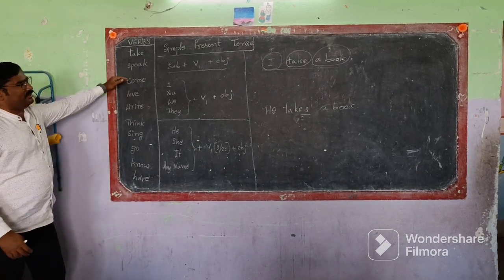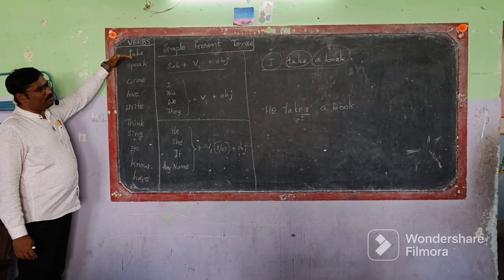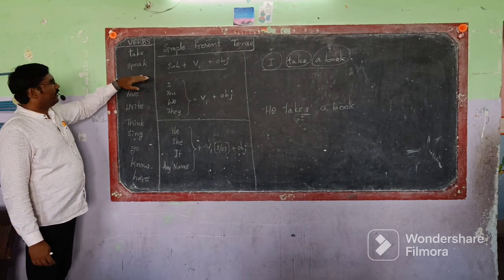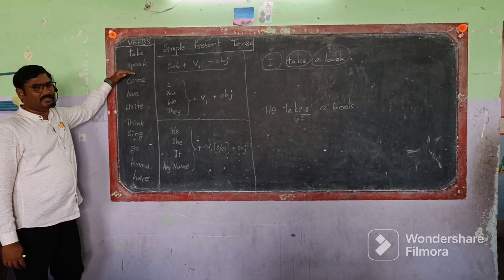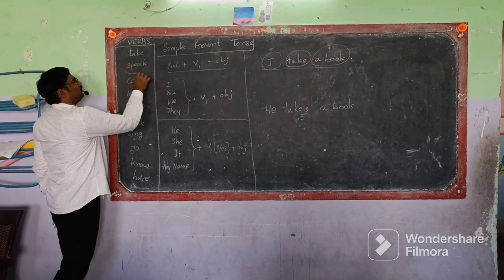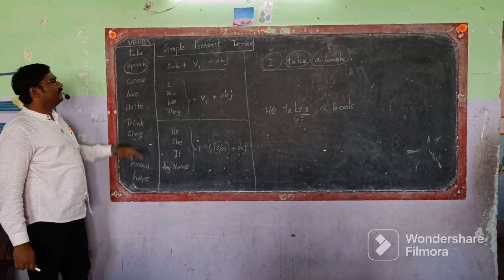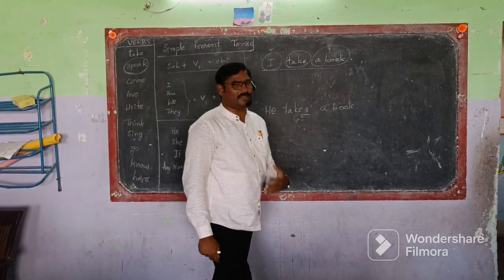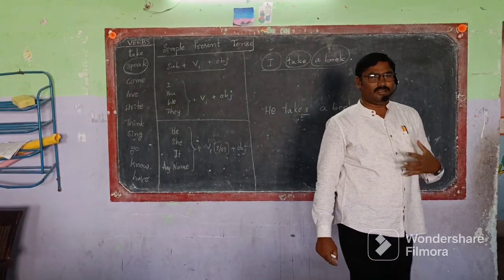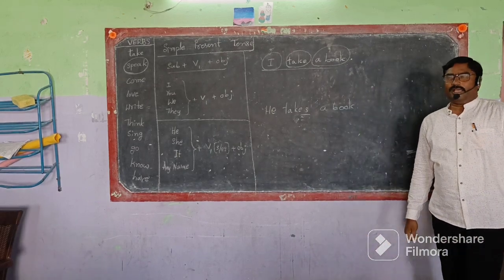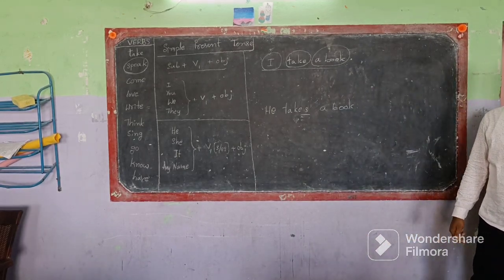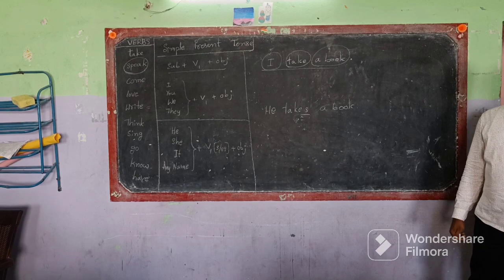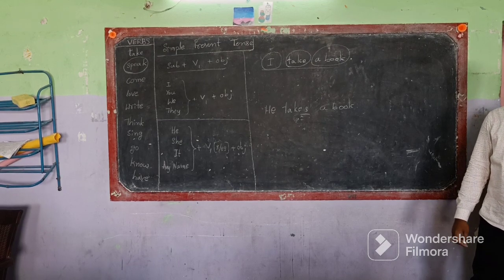Similarly, we can go for other verbs, not only the verb take. Next, the verb speak. I speak loudly. I speak English. I speak Telugu.